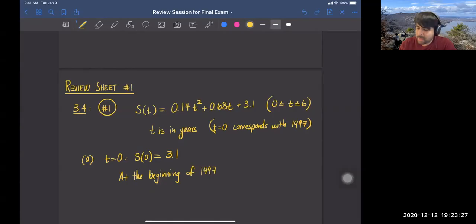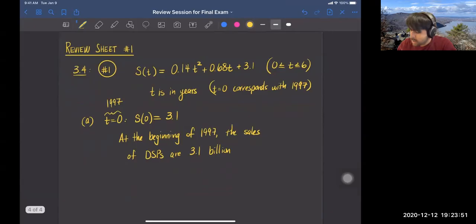Remember, t equals 0 means 1997. The sales of DSPs, which are just digital signal processors, are $3.1 billion. Because remember, it's in the billions.